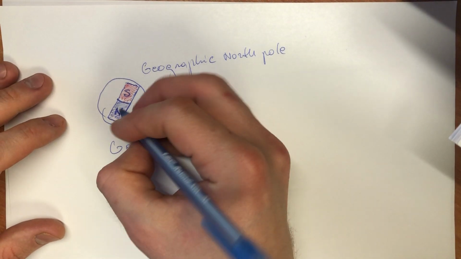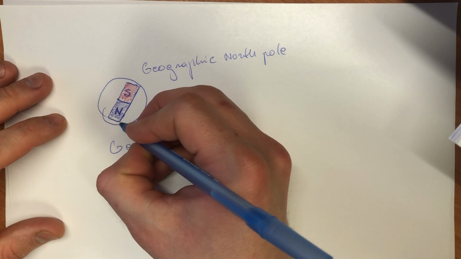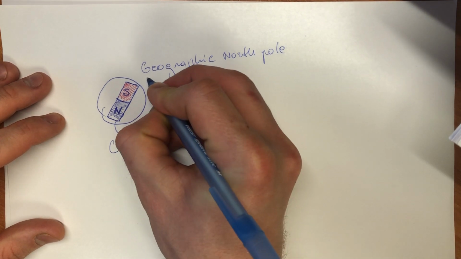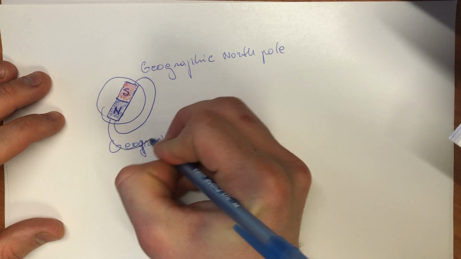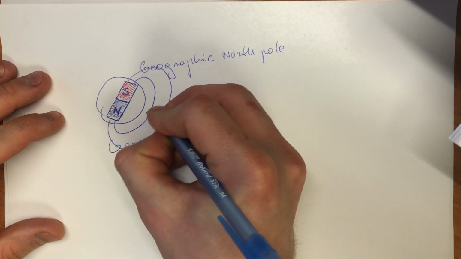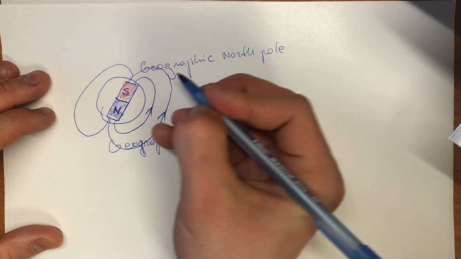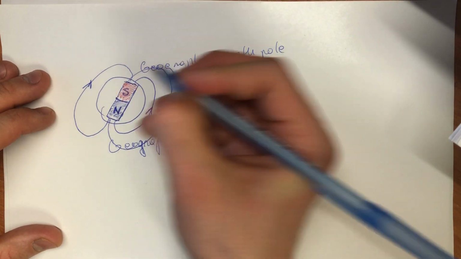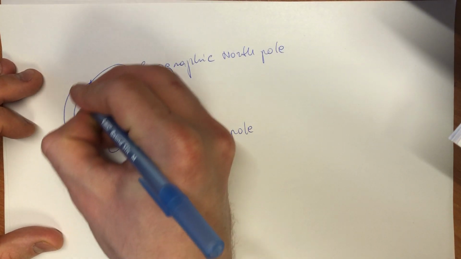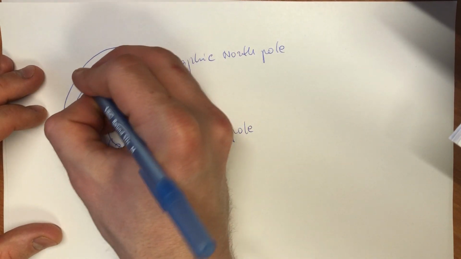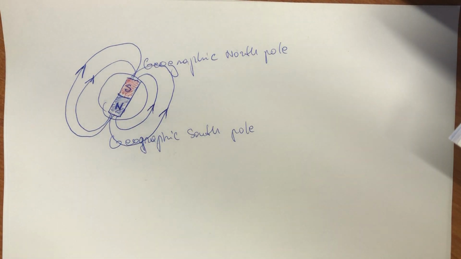The lines go from N to S. So this can be shown like this.